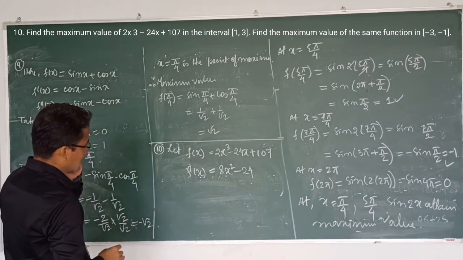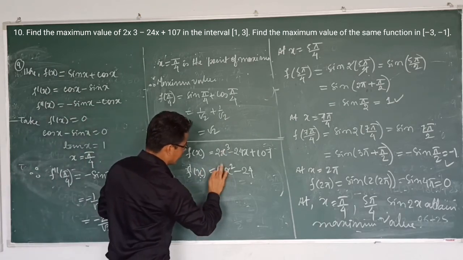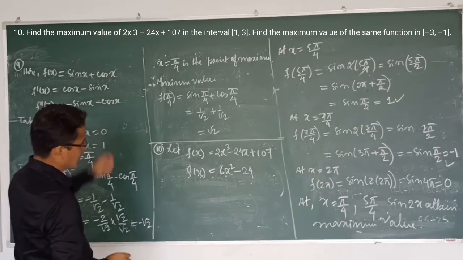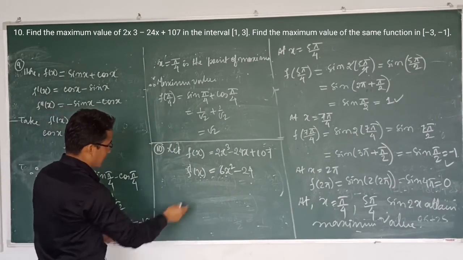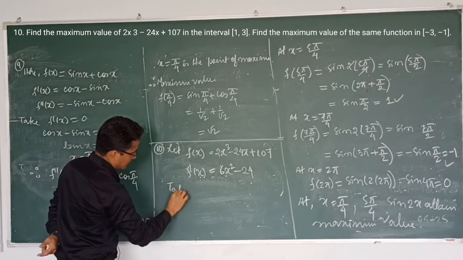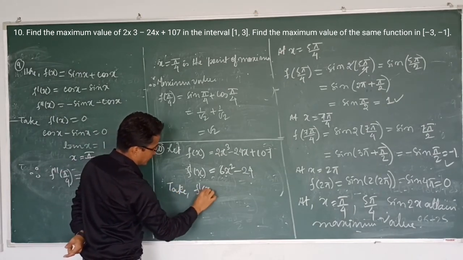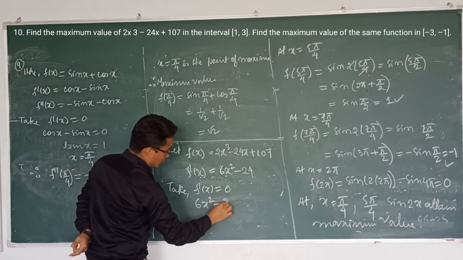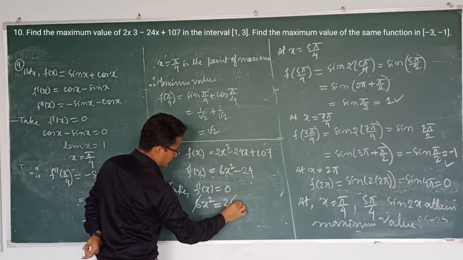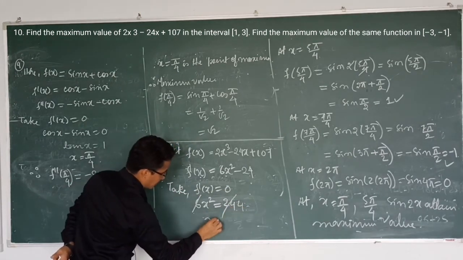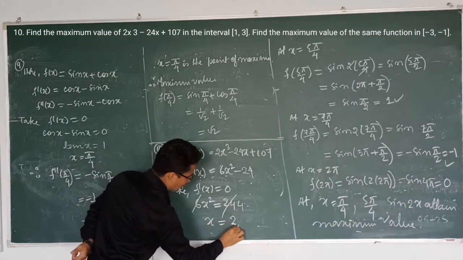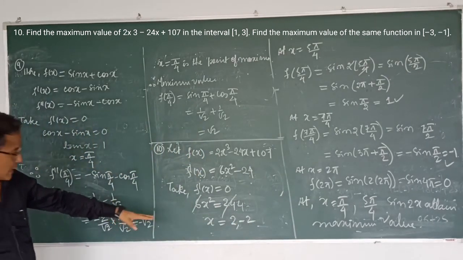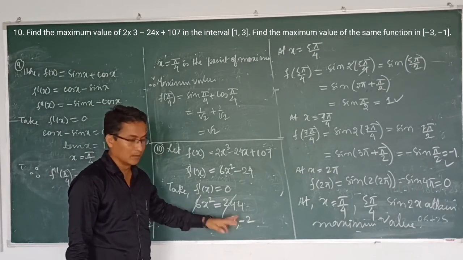Take f dash x equal to 0, that means 6x square equal to 24, so x square equals 4, that means x equal to 2 and minus 2.